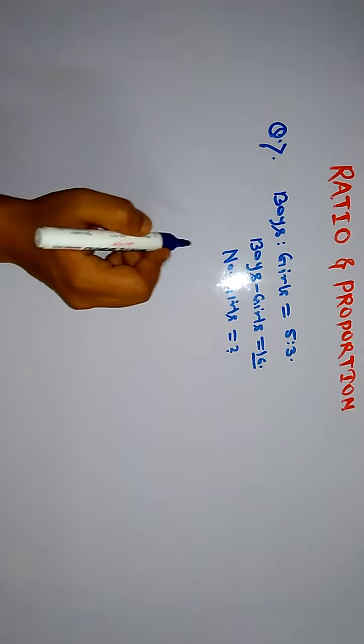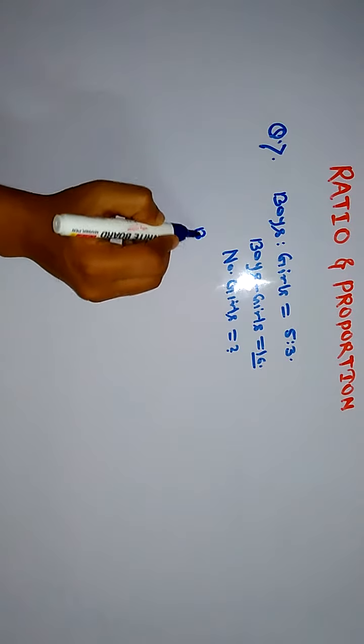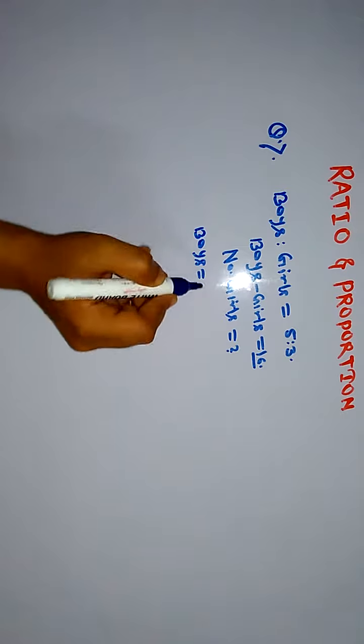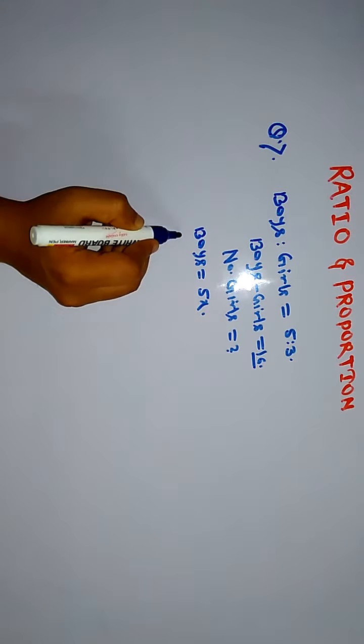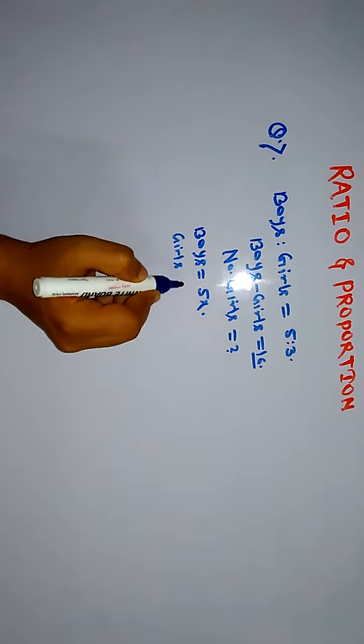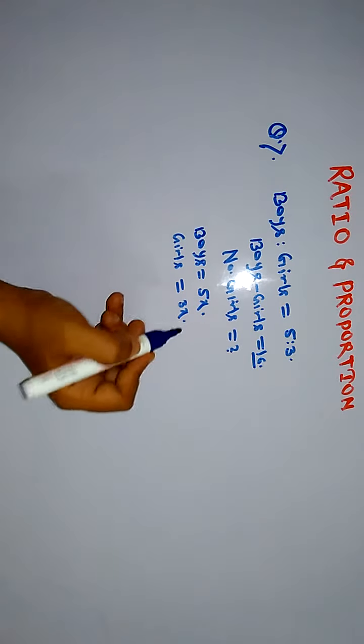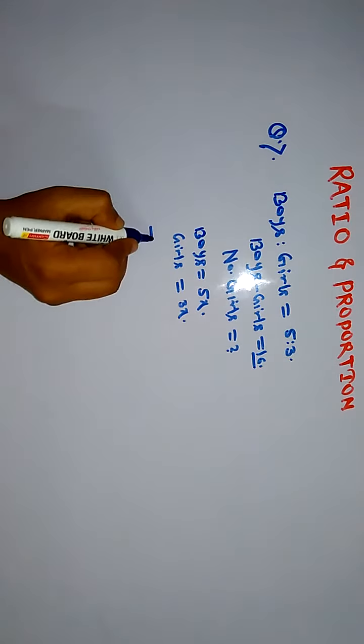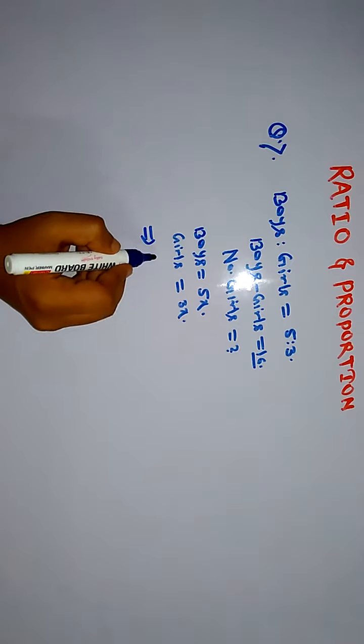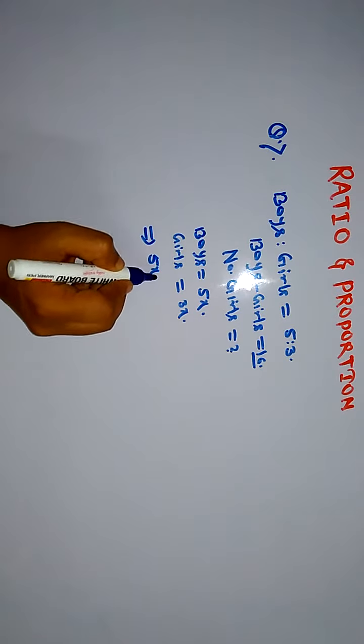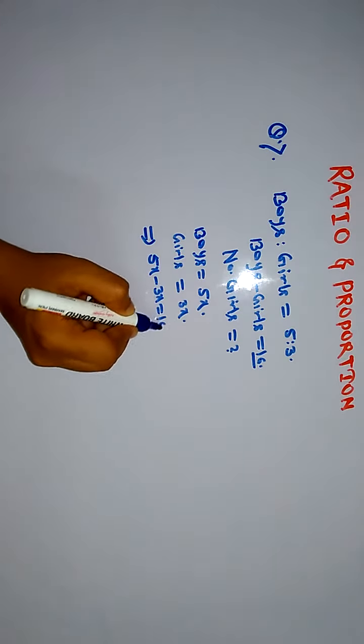Suppose boys equals 5x and girls equals 3x. It is given here that 5x minus 3x equals 16.